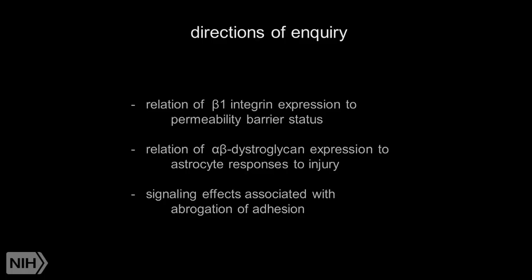So directions of inquiry that resulted from this were to determine the relation of beta-1 integrin expression to permeability status of the endothelium, and whether or not alpha-beta dystroglycan also plays a role.